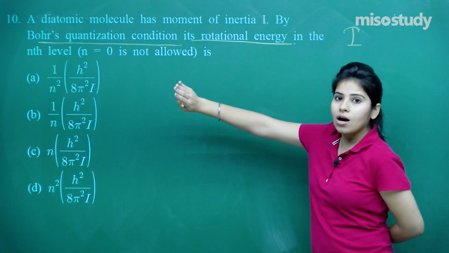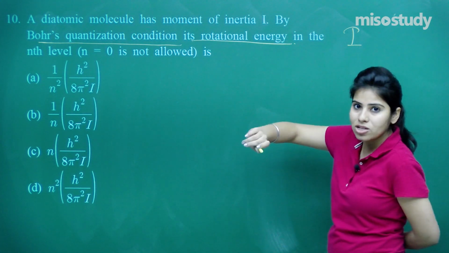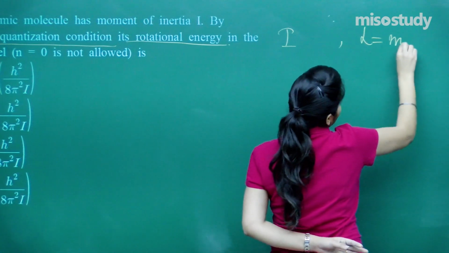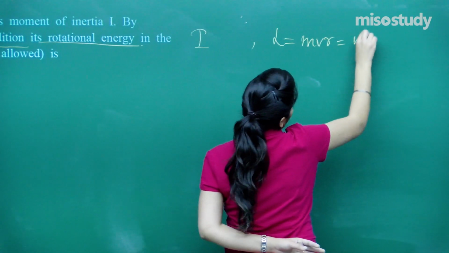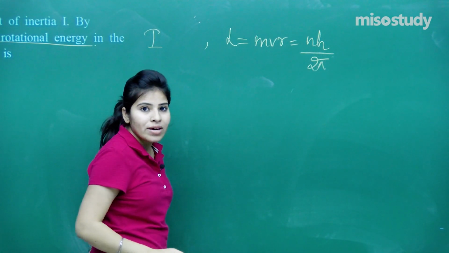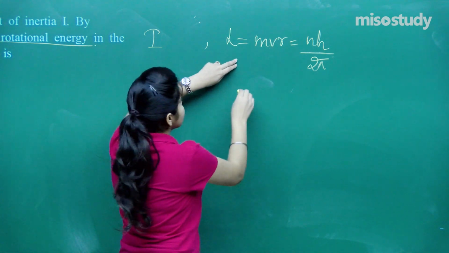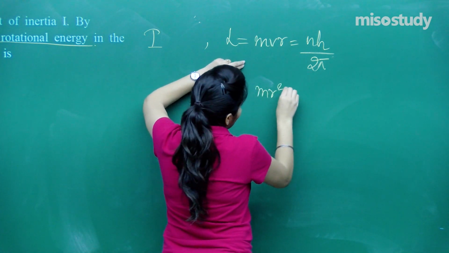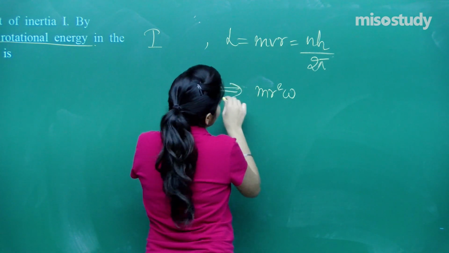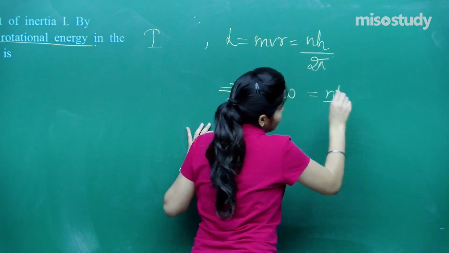So we will start with, because we have to use Bohr's quantization condition, and that says that MVR equals nh upon 2 pi. I can write this MVR as mR square omega, isn't it? So I will write it as mR square omega equals nh upon 2 pi.